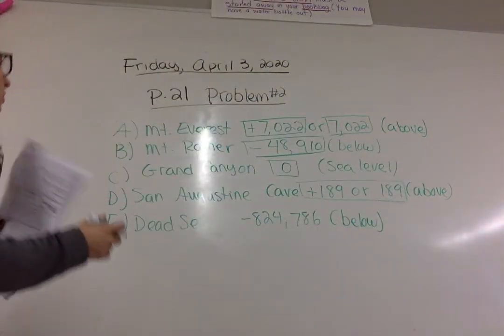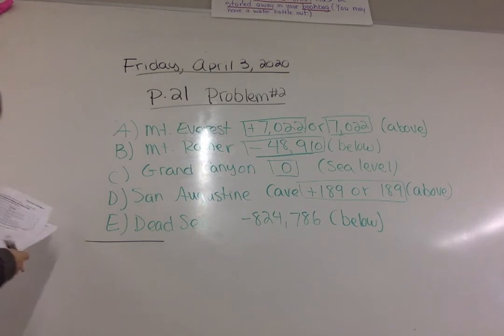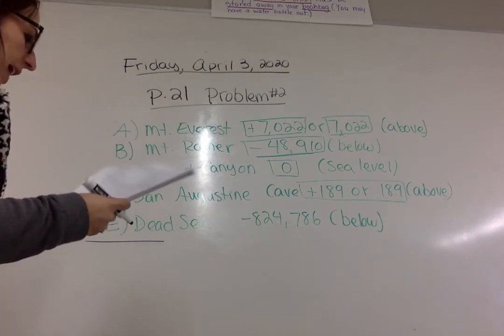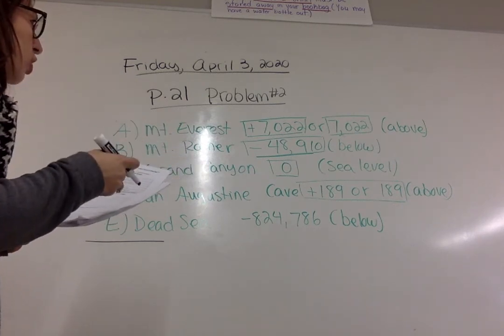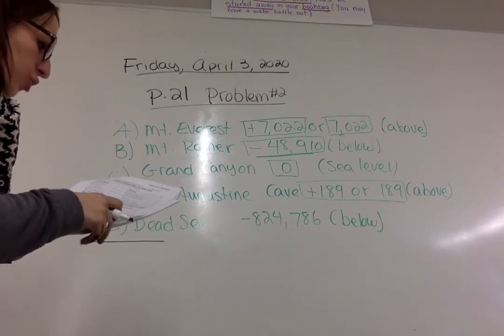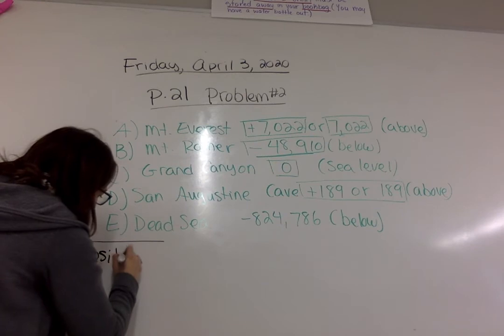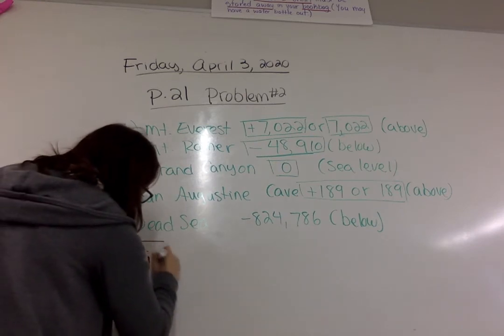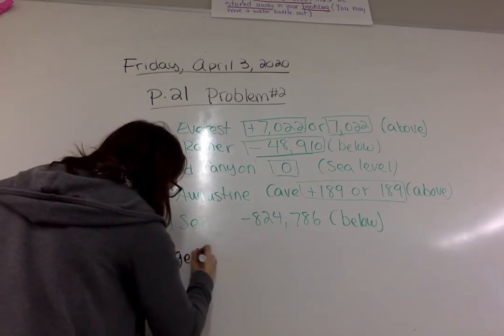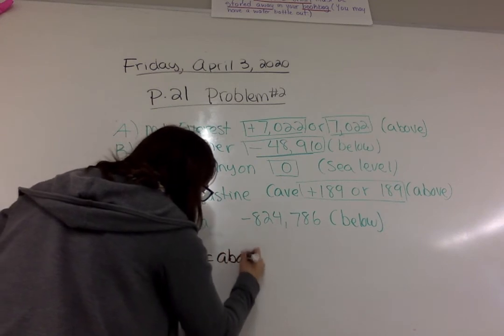The last part on the very bottom: explain how you determine if the elevation required a positive integer, a negative integer, or 0. So I'm just going to have you write shorthand. Positive integer always means above sea level.